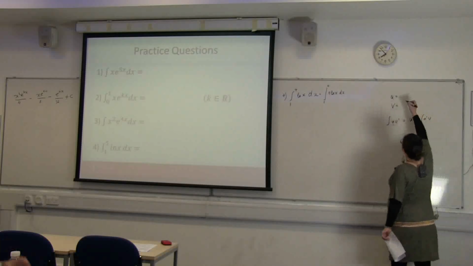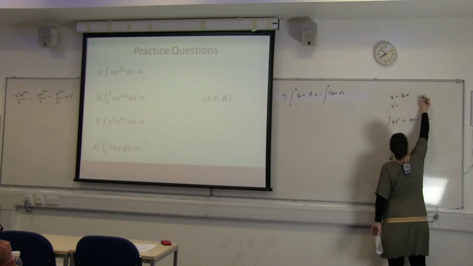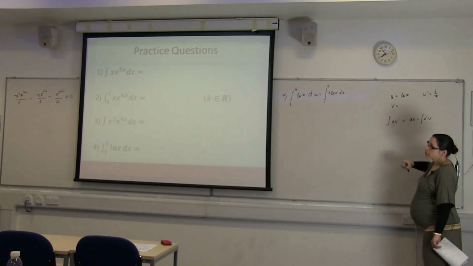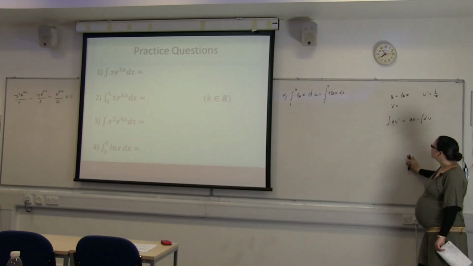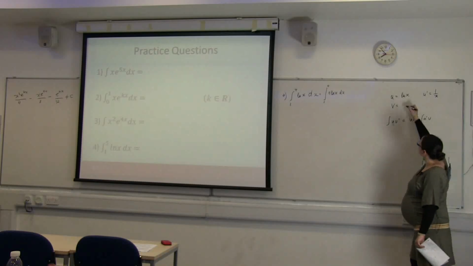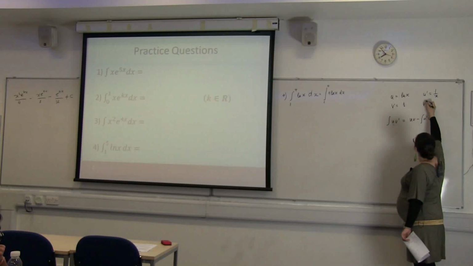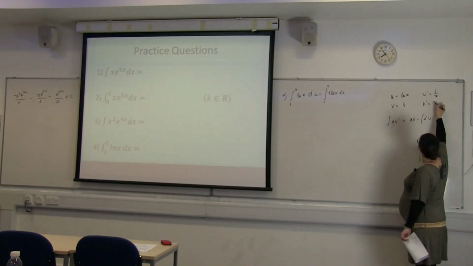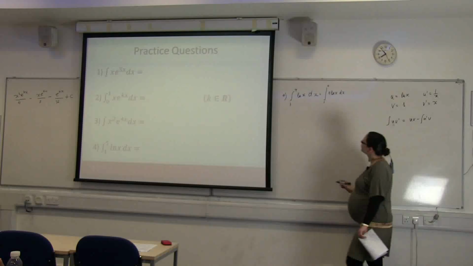So if u will be ln x, then u prime will be 1 over x. That's much simpler than the ln x. But that means that v prime has to be equal to 1. And what is v if v prime is 1? X. That was relatively simple.